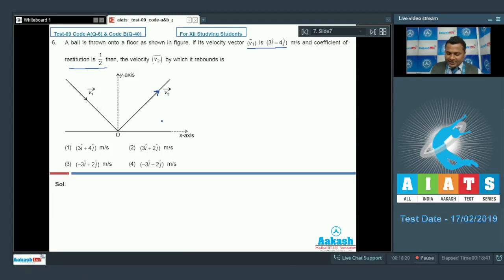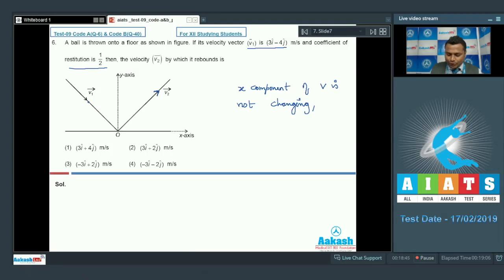As we can say that the x component of velocity is not changing, only the y component will change here.